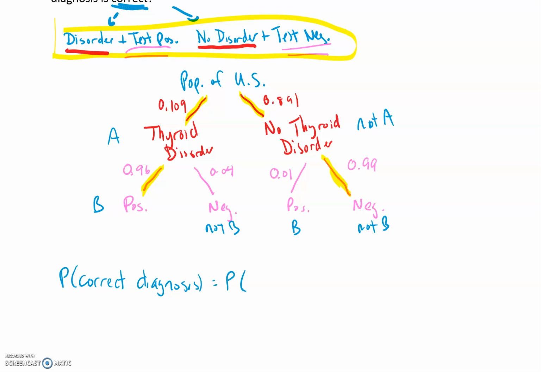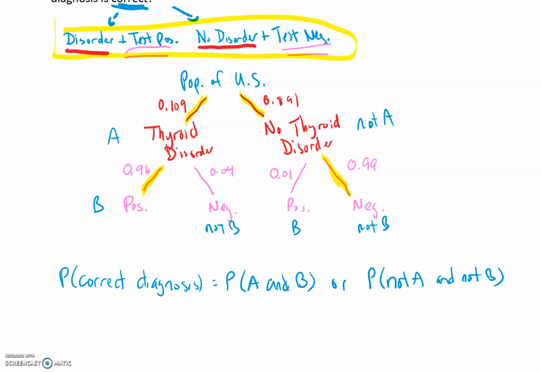It's either the probability that we have a thyroid disorder, which is A, and B, so you have the disorder and you test positive, or it's the probability of no thyroid disorder, which is not A, and not B.